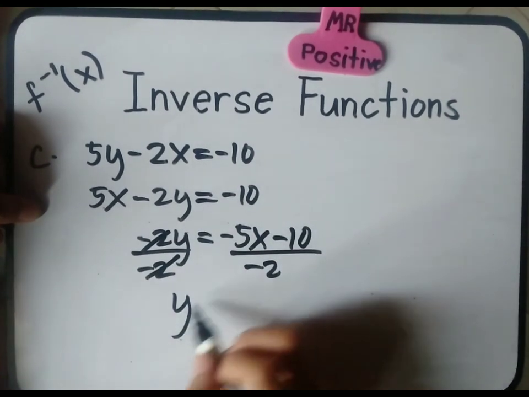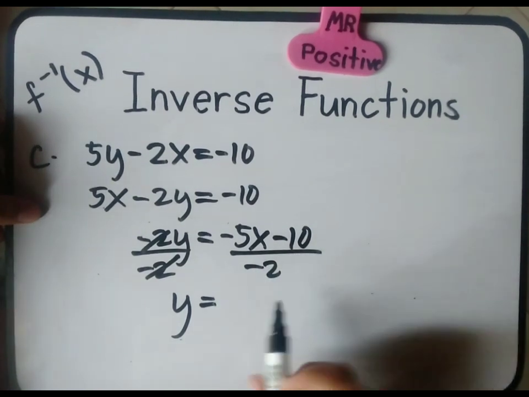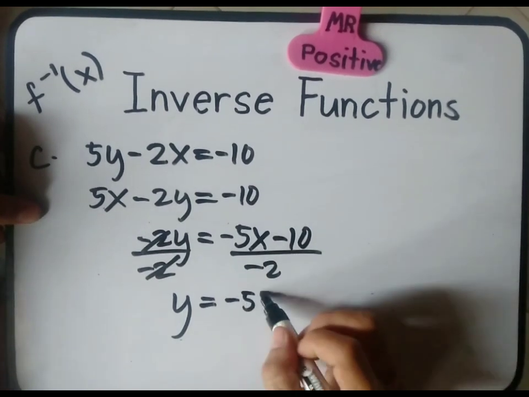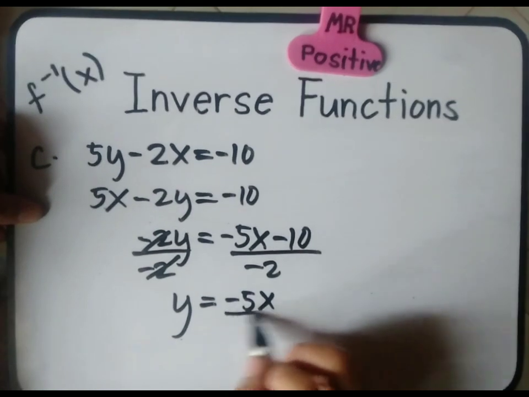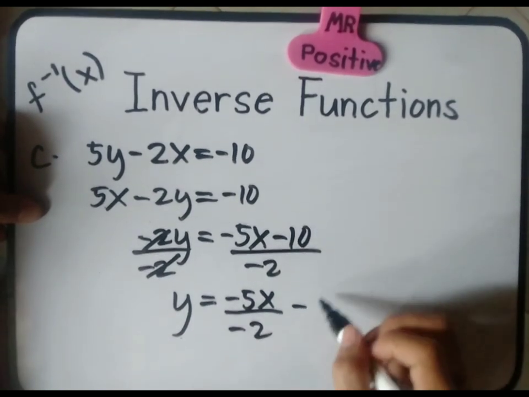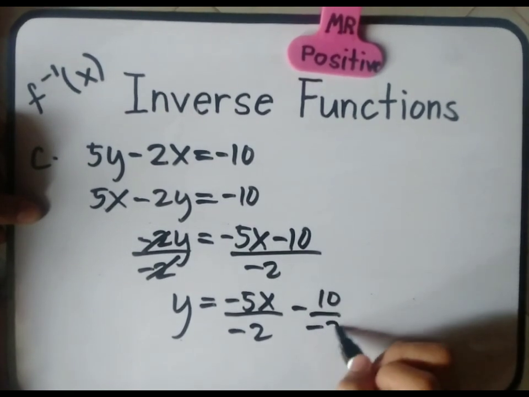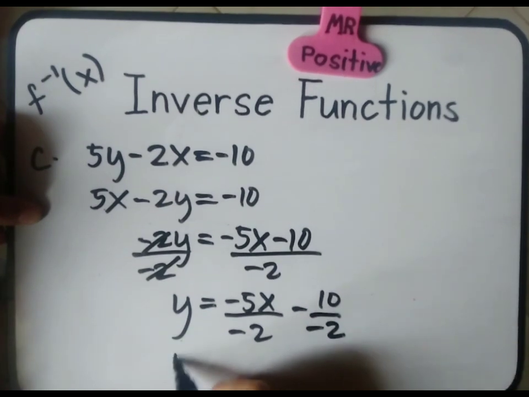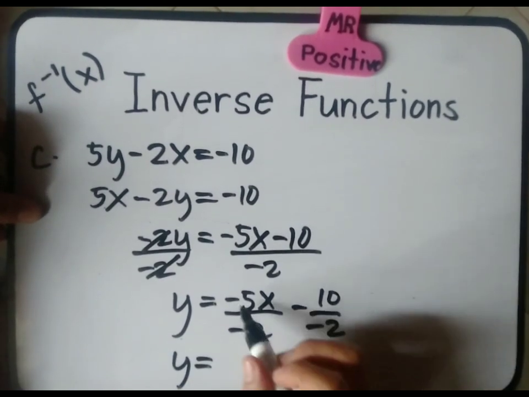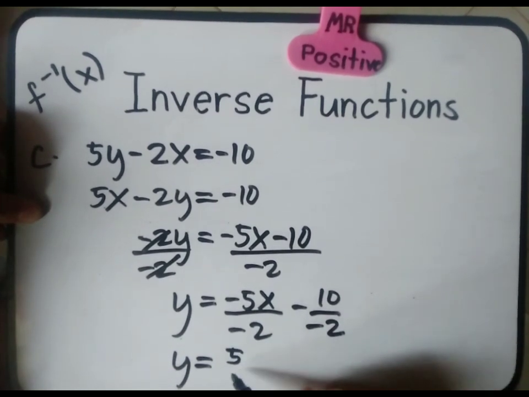We have y is equal to negative 5x divided by negative 2 minus 10 divided by negative 2. So we have y equals, negative divided by negative is positive, so it will be 5x over 2.